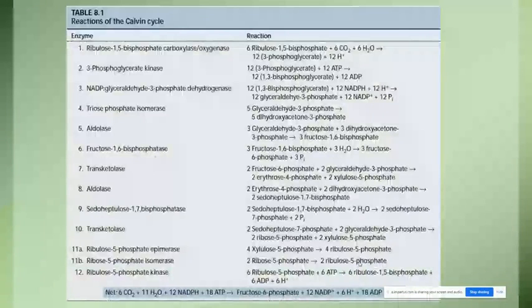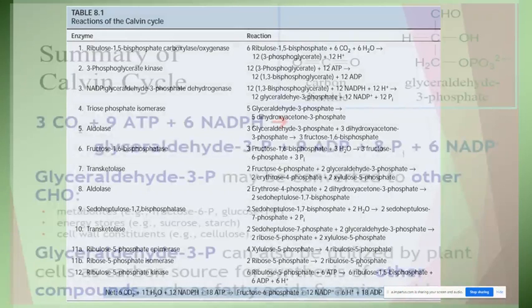These are the enzymes involved in different steps of the C3 cycle. First one is Rubisco, then phosphoglycerate kinase, then NADPH glyceraldehyde 3-phosphate dehydrogenase, triose phosphate isomerase, aldolase, and they all have different functions.